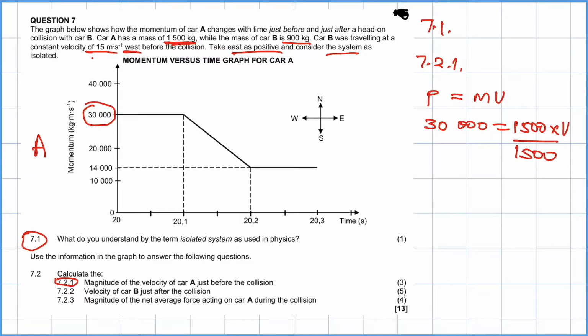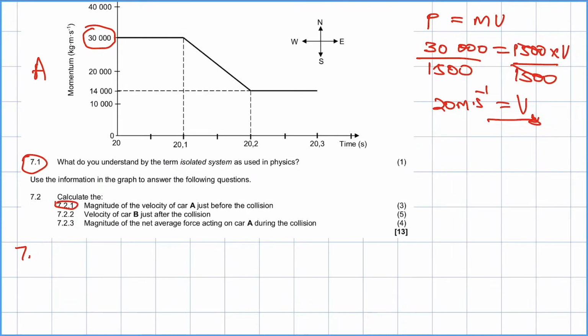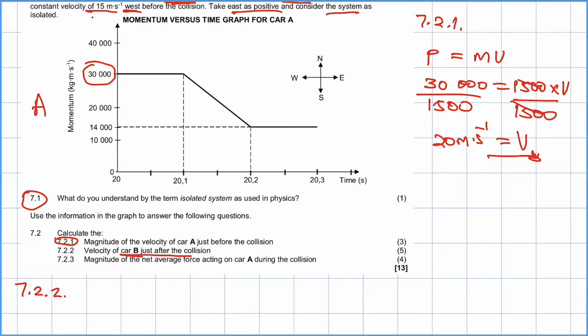Then we divide by 1500 both sides, and then v for car A before collision is 30,000 divided by 1500, which is 20 meters per second. Then question 7.2.2: calculate the velocity of car B just after the collision. So that's after the collision.